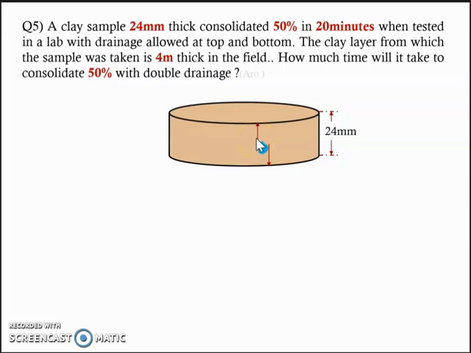Now, based on this data, the clay layer from which the sample was taken is 4 meter thick somewhere in the field. You're asked to calculate the time that the clay will take to consolidate 50% under the same double drainage condition. So you have an equation for time factor TV equal to CVT by D square, or time taken when cross multiplied equal to TVD square by CV.